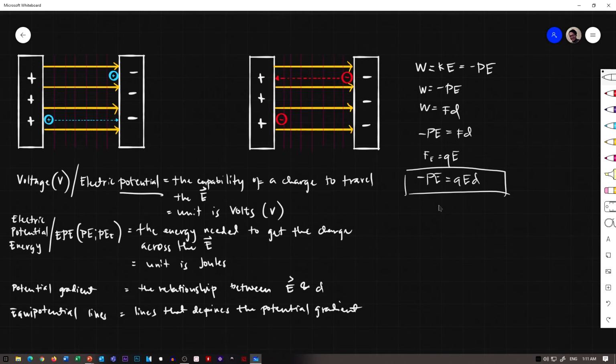The meaning of this is, you take a look. If you place a charge on the side where it will have the maximum potential, it will have the maximum potential because there will be a possibility for the object to be moved, right?